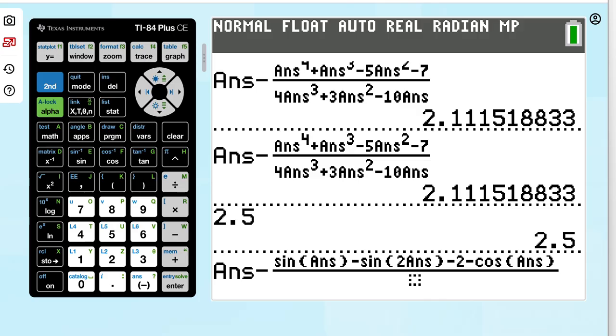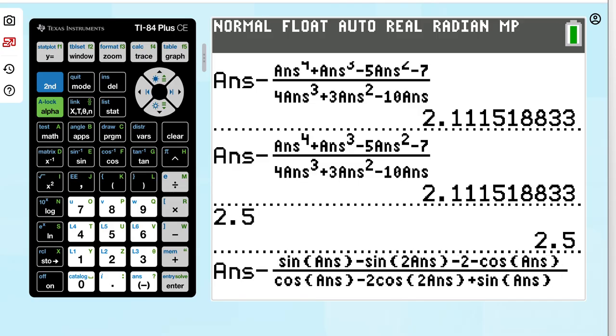And in the denominator, we had the cosine of x sub n minus 2 cosine of 2x sub n plus the sine of x sub n.